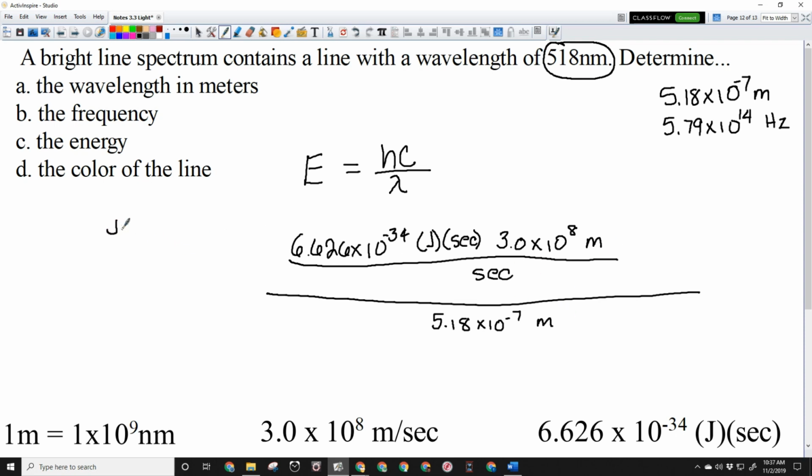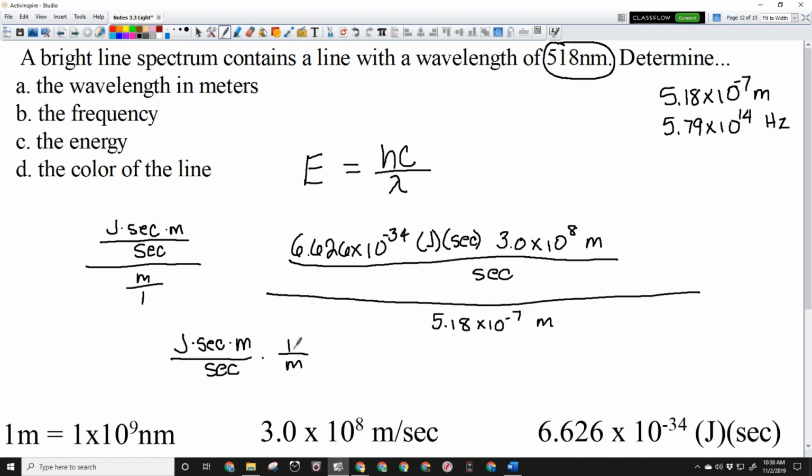So we have joules times seconds times meters over seconds divided by meters over 1. Okay, so if I do this just like I did the last problem, where I take joules times seconds times meters over seconds, inverse and multiply 1 over meters.